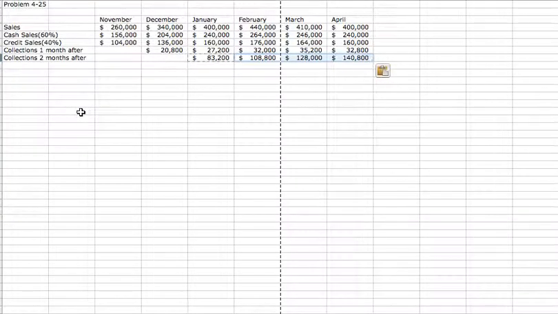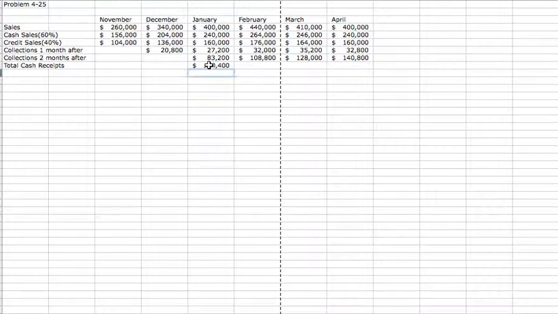Alright, so our total cash receipts we can calculate. Starting in January, that's really what we're most concerned with here. January through March would be our cash sales of 240,000 plus collections 1 month after plus the collections 2 months after.